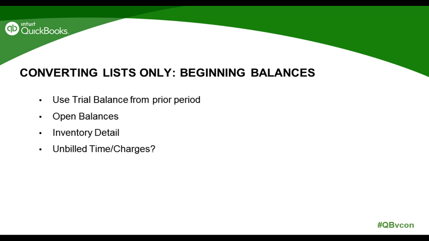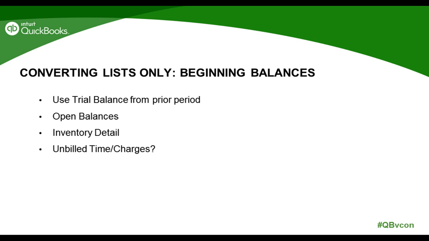If the conversion is mid-year, then you can enter month-end balances for income and expense in order to run comparative trend reports if you want to. Or you could just do the whole thing so that you don't have that month-to-month comparison if you can't get it for some reason.